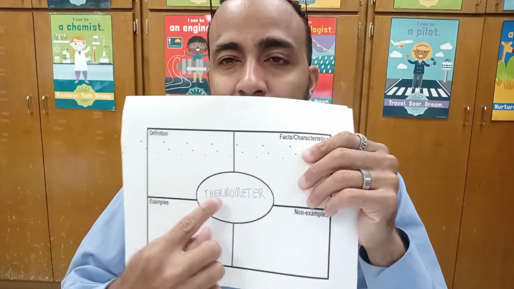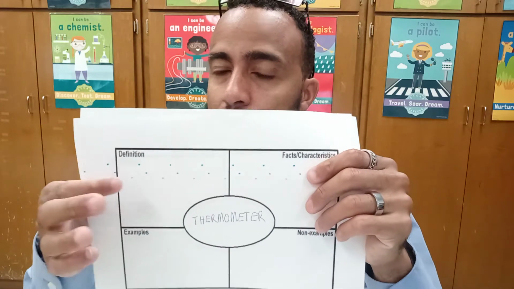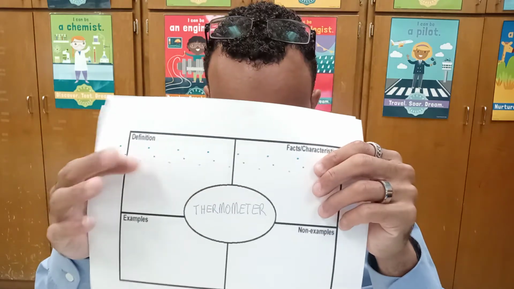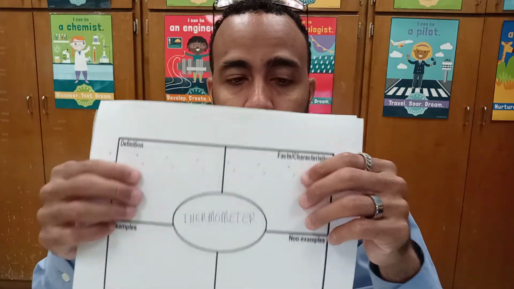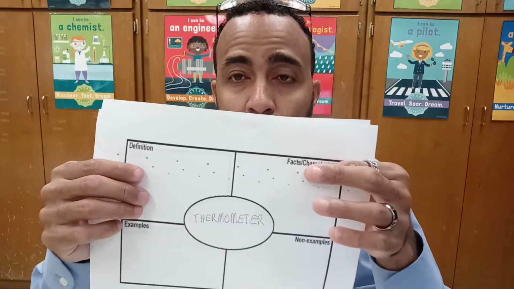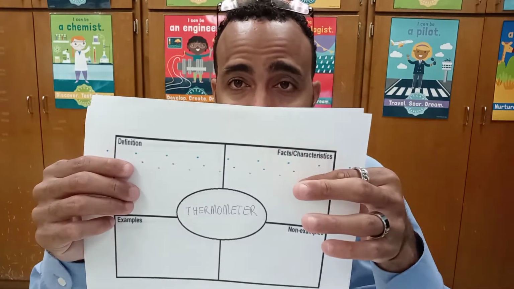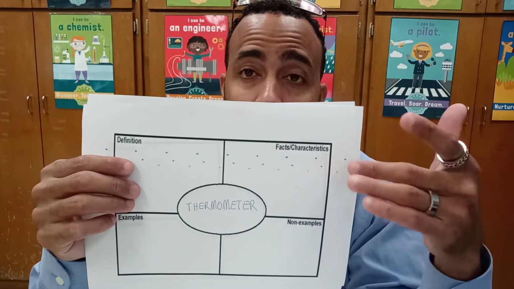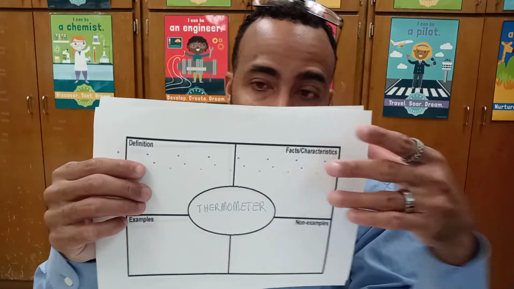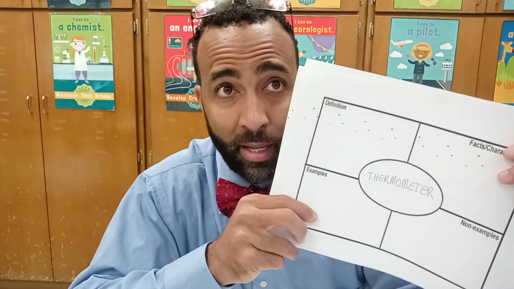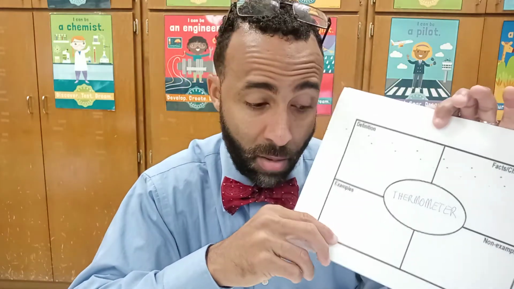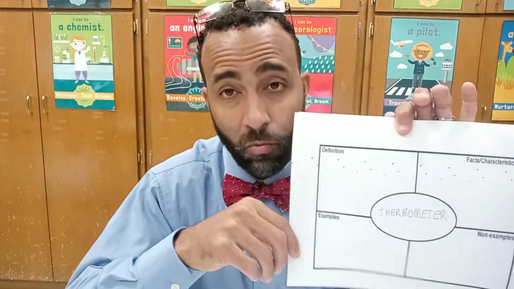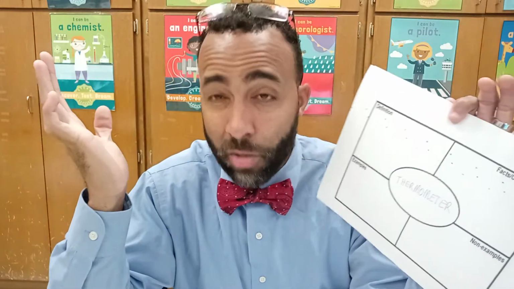How does a Frayer model work? You take the word in the center, thermometer, and you create a definition for it. Right here, you would give me facts about it. So a thermometer is a tool that is used to blank. Over here, you might give me an example, like maybe you've been sick one day and your mom used a thermometer to measure your temperature.